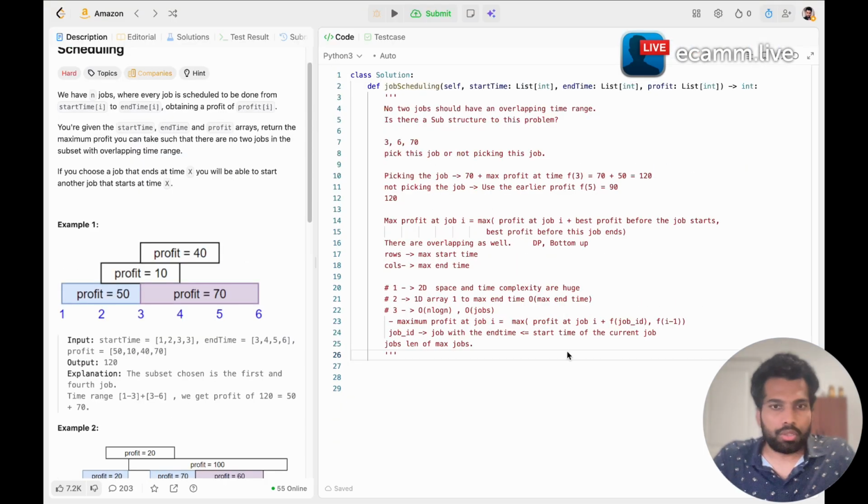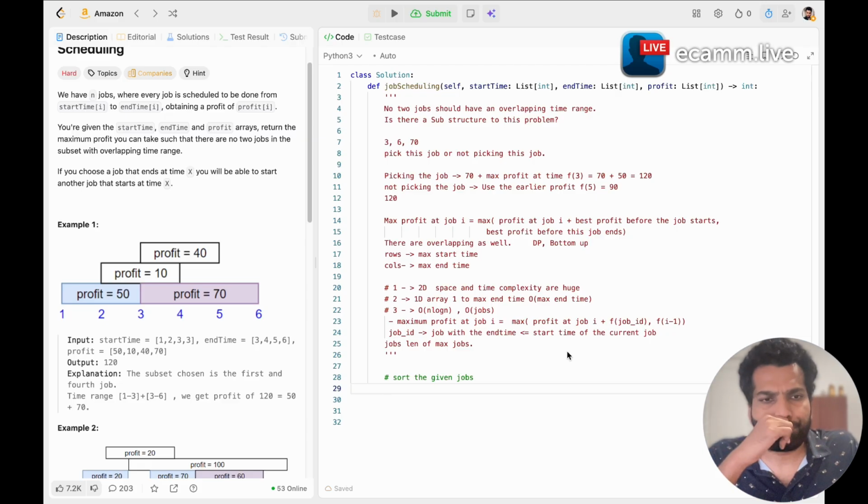So let's try to code the solution for the third approach, which we have finally decided. So first thing is we have to sort the jobs. So sort the given jobs.